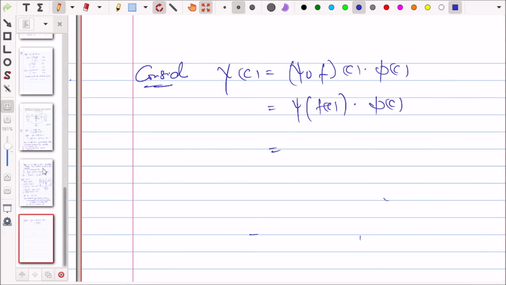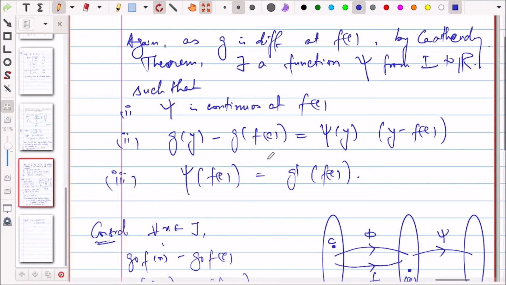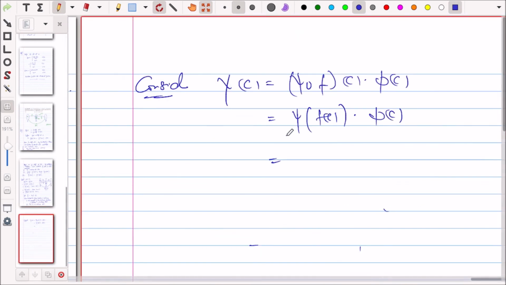Now psi of fc is g dash fc, and phi c is f dash c.